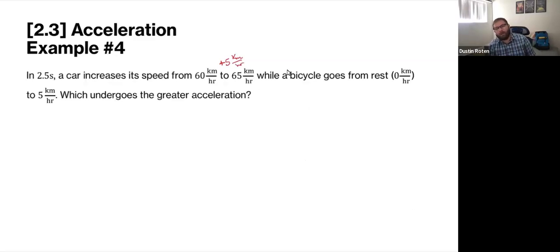Now, a bicycle, at the same time, in this 2.5 seconds, a bicycle goes from rest, so no speed, to 5 kilometers per hour. So which undergoes the greater acceleration? And you can see just from reading the text here, this is also a +5 kilometers per hour.